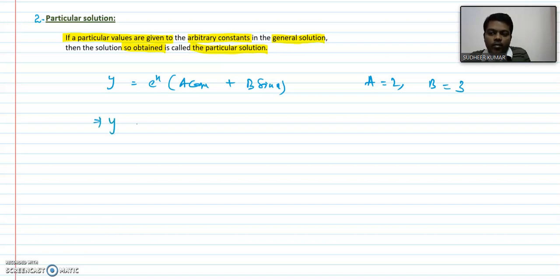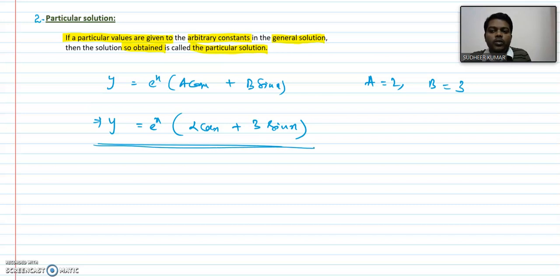Then y equal to e power x into (2 cos x plus 3 sin x) is called a particular solution of the given differential equation 1.